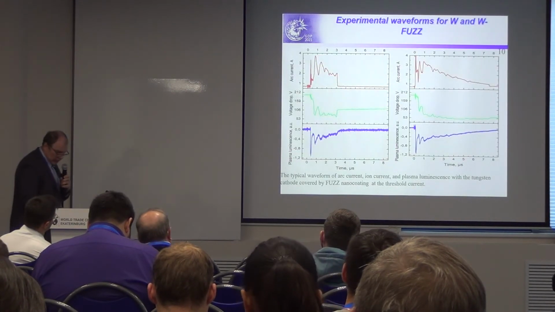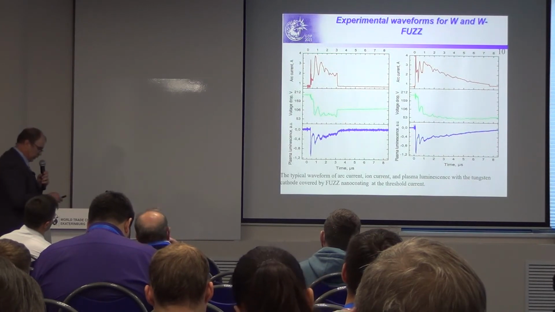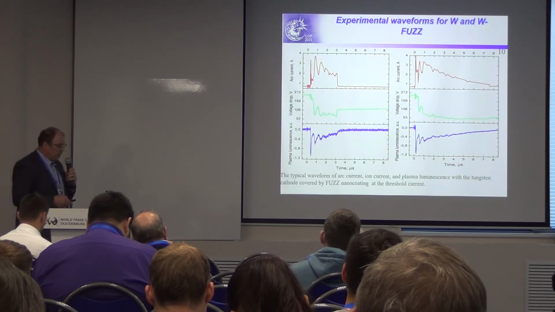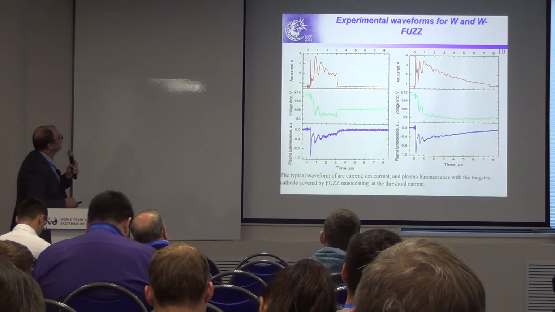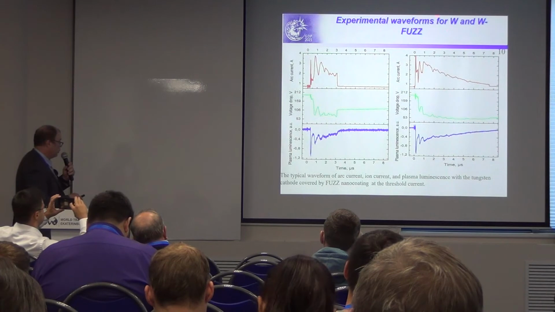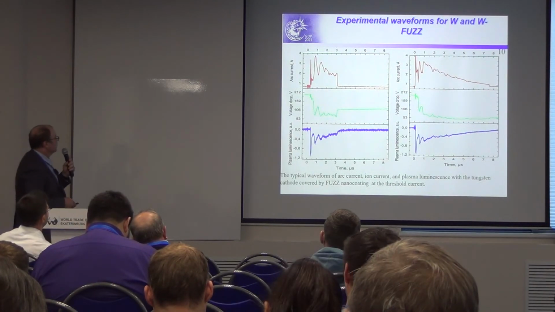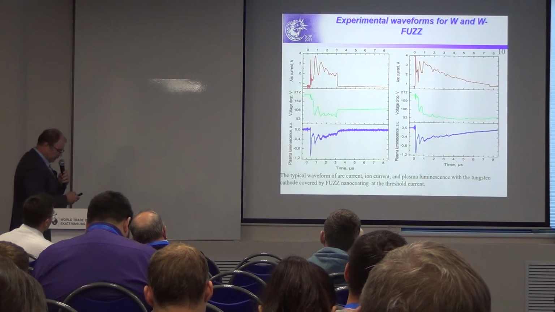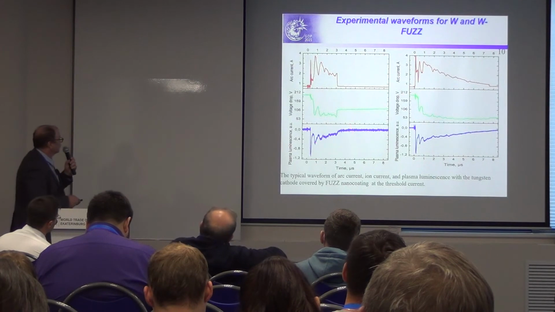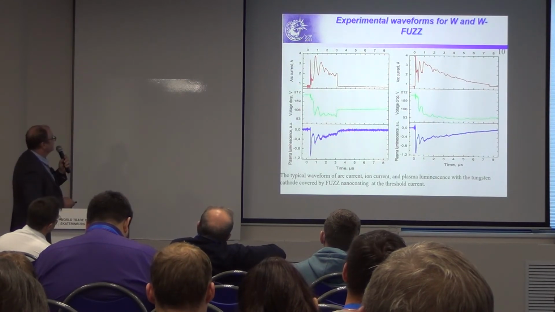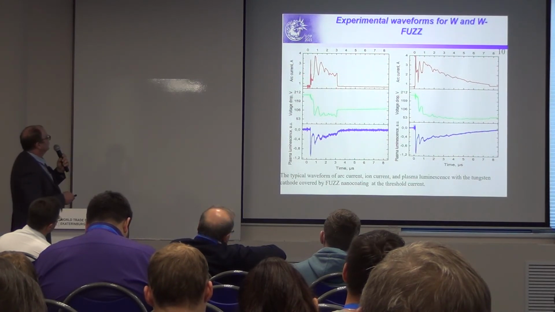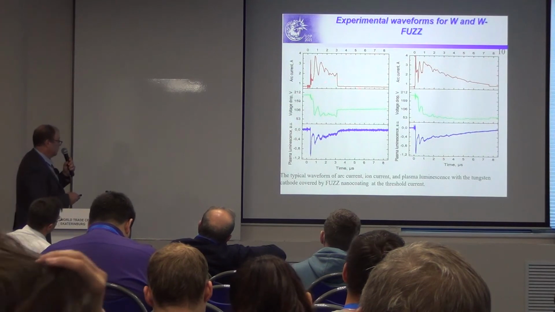By the way, our investigation of vacuum arc on a tungsten cathode coated by a nano coating shows that if the vacuum arc works on the clean surface, then we can see the normal level of threshold current.